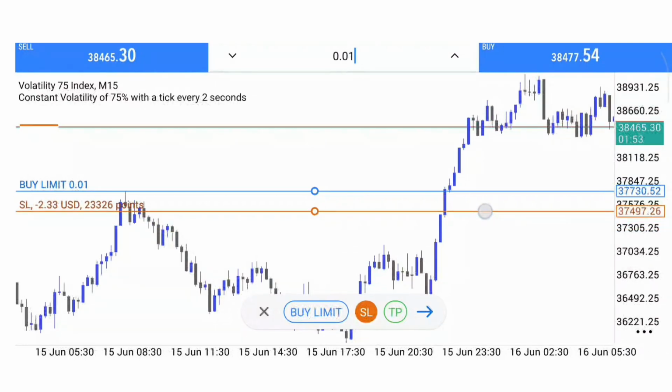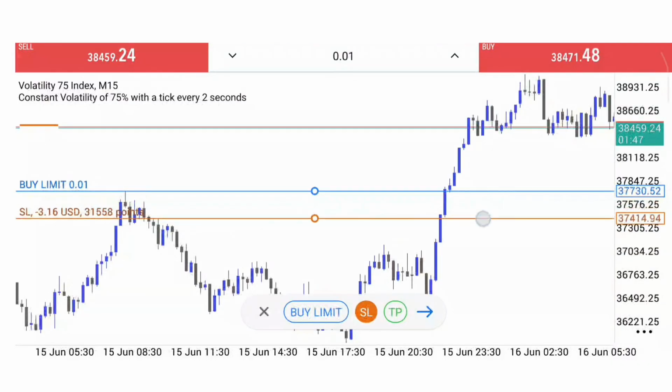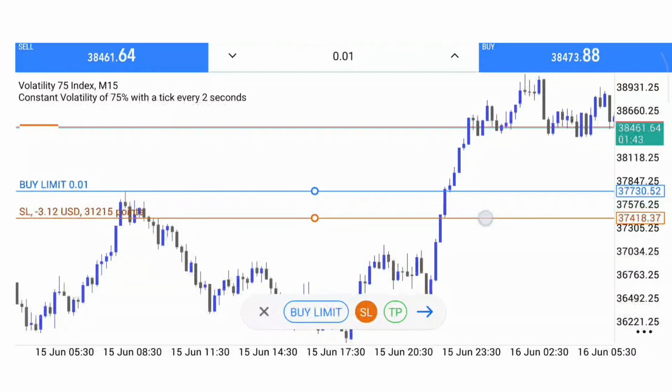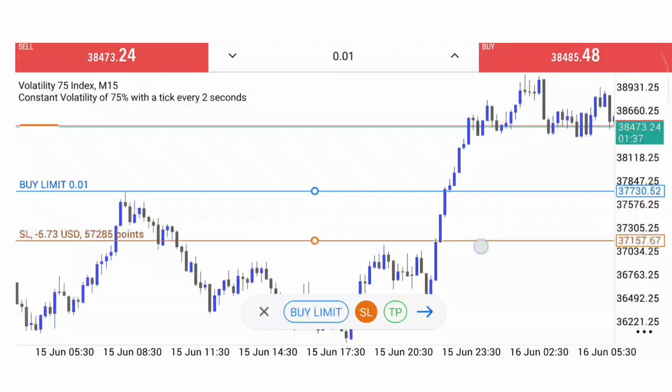So right now you need to have at least, let's say, $3 to $5 to take a trade. That is, if you want to take a proper trade that you know won't take you out easily, you need about $3 to $5 to be able to take a trade right now on Volatility 75.